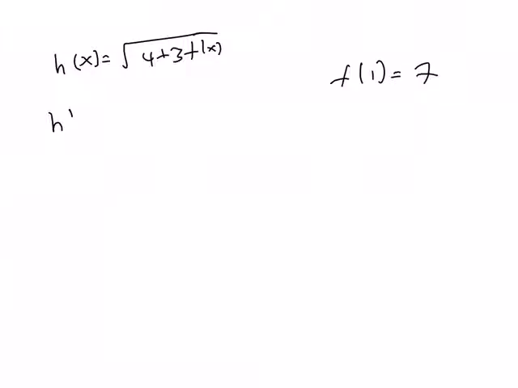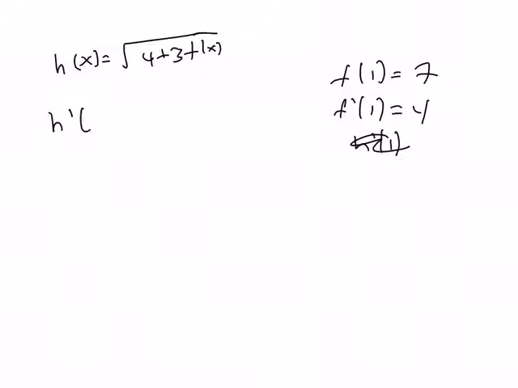Okay, so now problem 62, h of x is equal to the square root of 4 plus 3 f of x. Now we're given f of 1 is equal to 7, f prime of 1 is equal to 4, and we're asked to find h prime of 1.